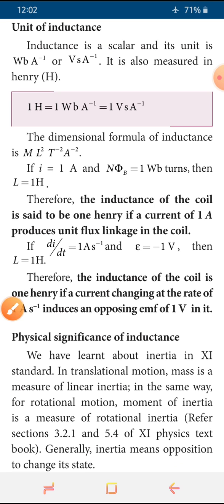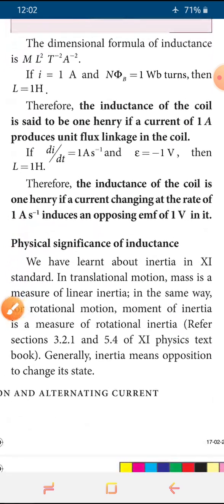And after that, here we'll discuss the physical significance of inductance. While discussing this, we are recapping the 11th standard unit. From unit number 3, we discussed translational motion. Mass is a measure of linear inertia.